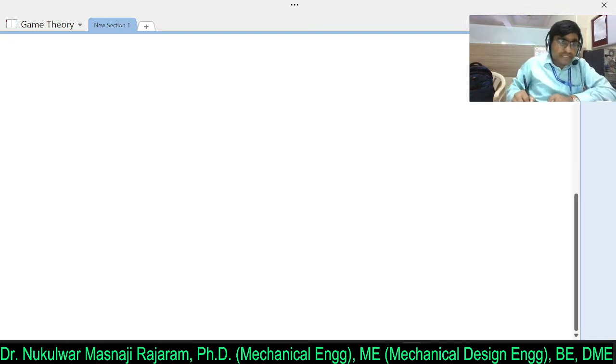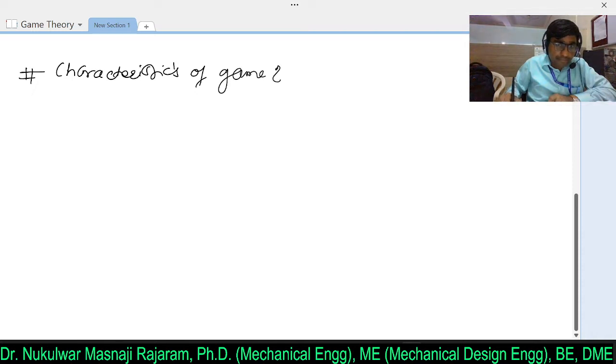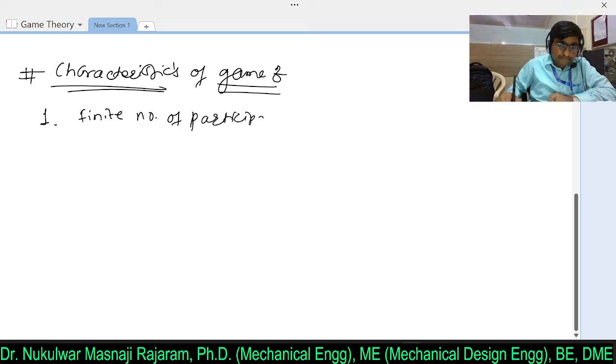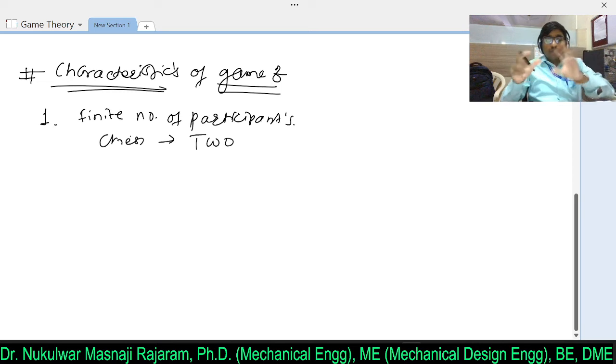So first we will see the different characteristics of a game. The first characteristic is that there is a finite number of participants. If you take the example of chess, there will be two opponents or competitors.